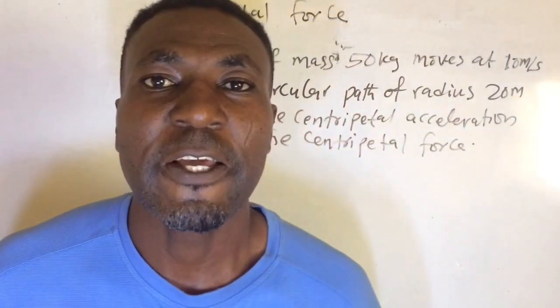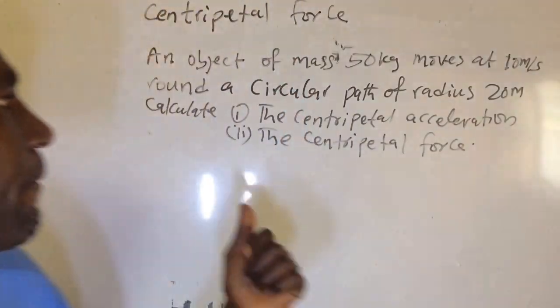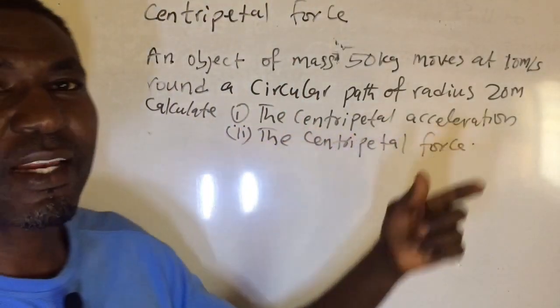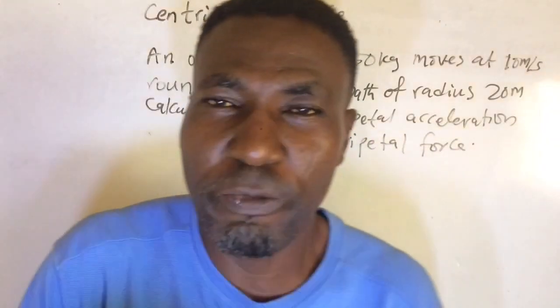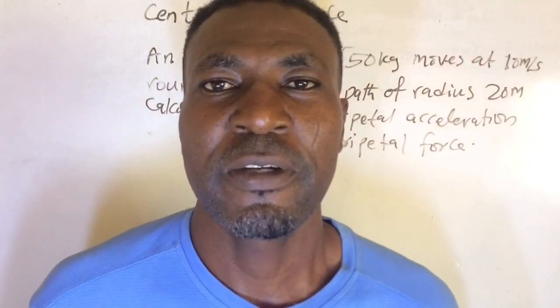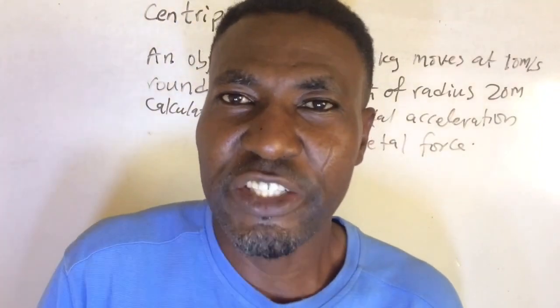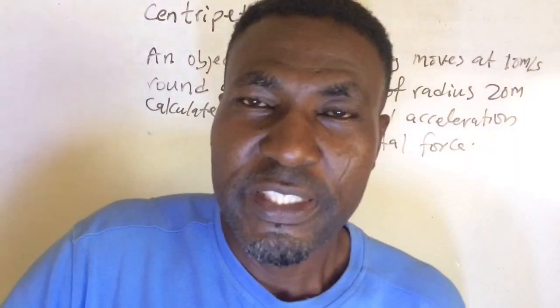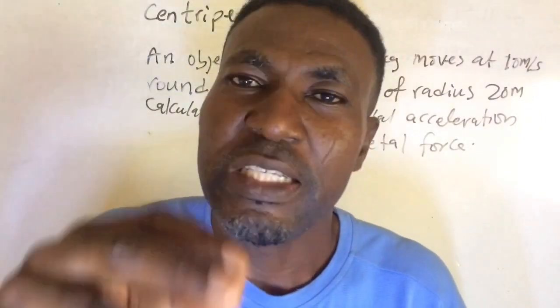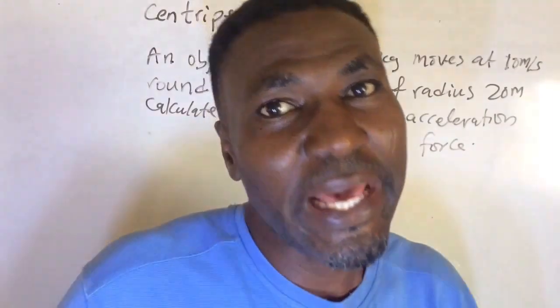Now the question says we should calculate the centripetal acceleration. As it is moving around, it has acceleration, and this acceleration of circular motion is different from acceleration of linear motion.